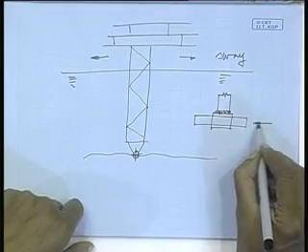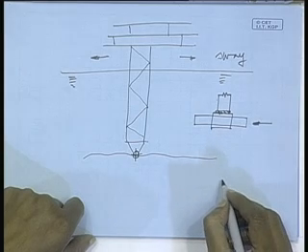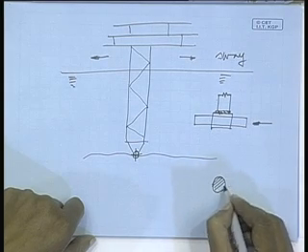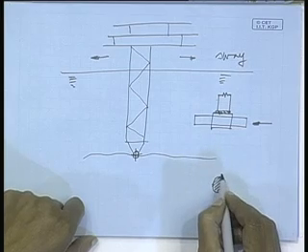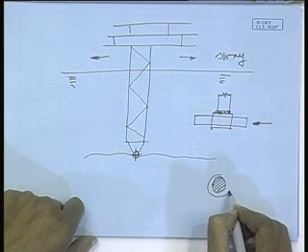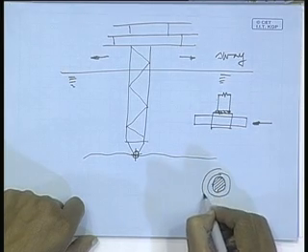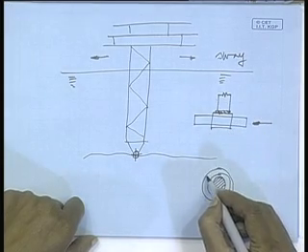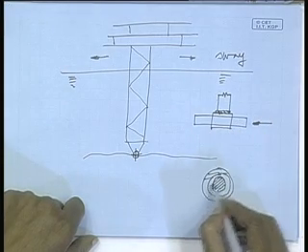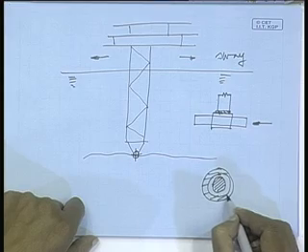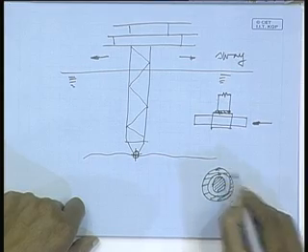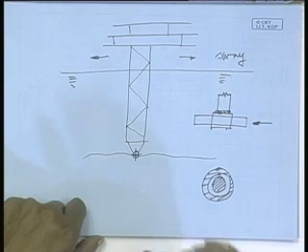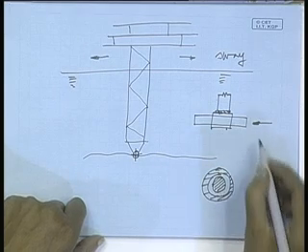If you look from this side, you have the shaft in between, the hinge pin, and then you have this outside small cylinder. It is free to rotate about the pin.